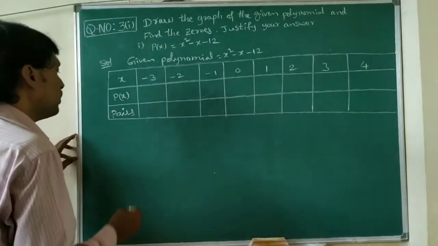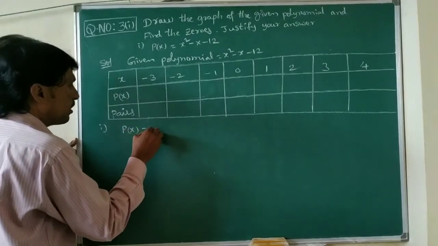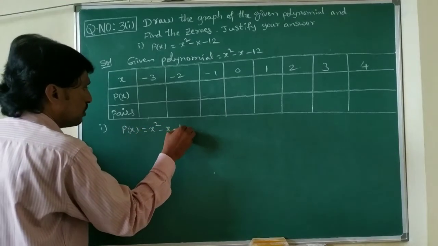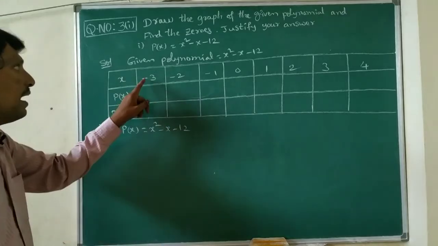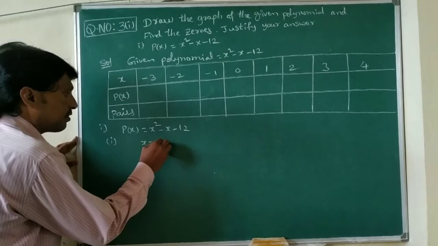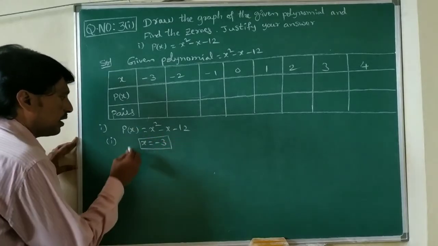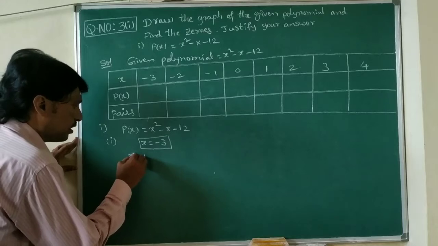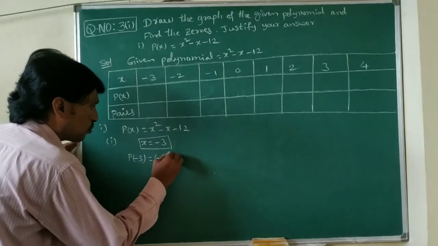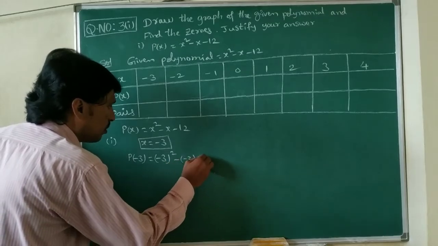Now given polynomial is first one, p of x equal x square minus x minus 12. Now we can substitute x value, x equal to minus 3. So p of minus 3 equal minus 3 whole square minus of minus 3 minus 12.